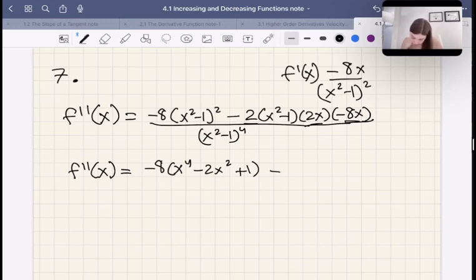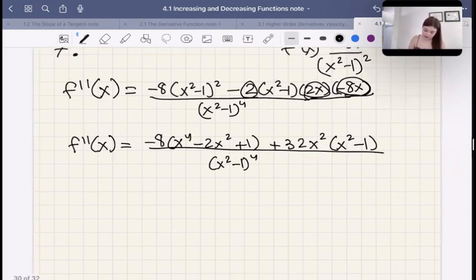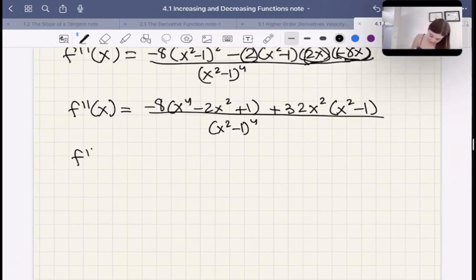Okay, cool. So we're multiplying negative 2 times this. Yeah, this is going to be plus 32x squared, and then times x squared minus 1. So I multiplied these three numbers together. I just want to be clear what I did there, and that's what I did. And then that's all over x squared minus 1 to the power 4. Not that it matters, but I'm just going to write it anyway because that is what it is.